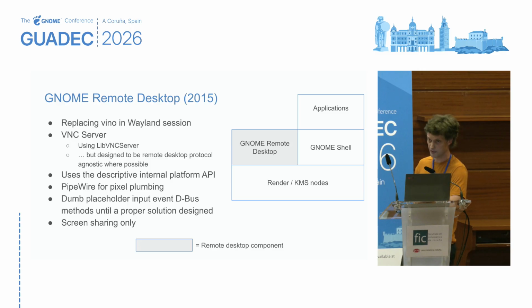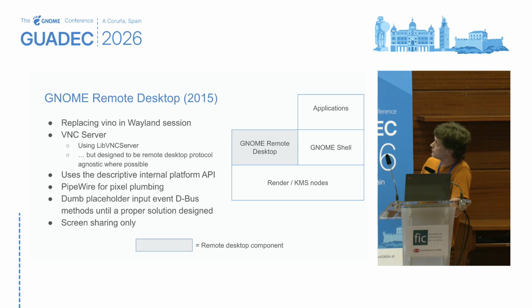And what GNOME had back then was Vino. Vino sat in the application box of one of the earlier slides to do screen sharing. And that was the primary target for the initial days of GNOME Remote Desktop.